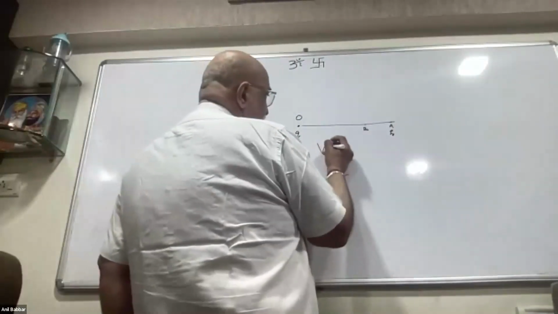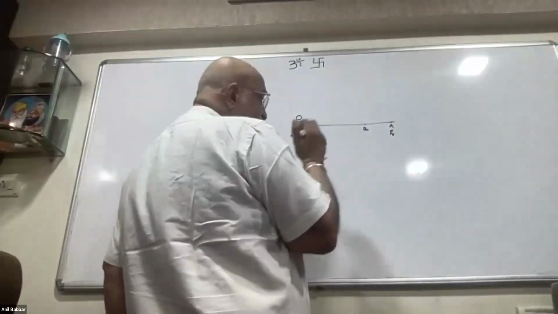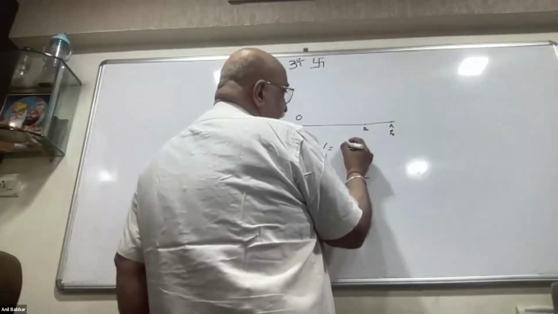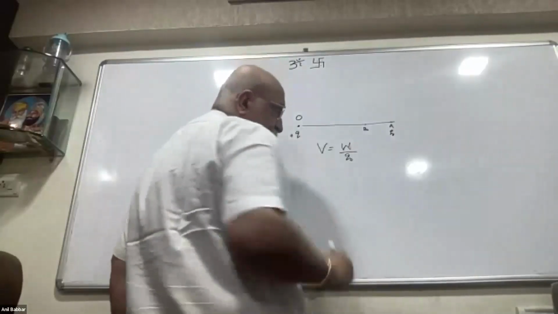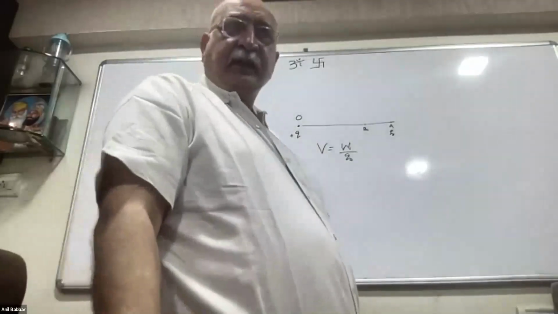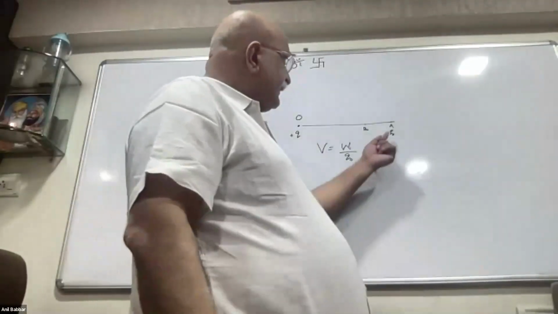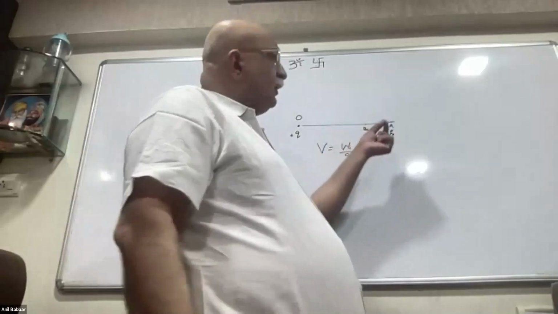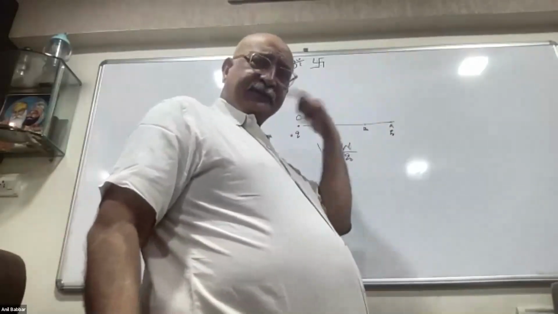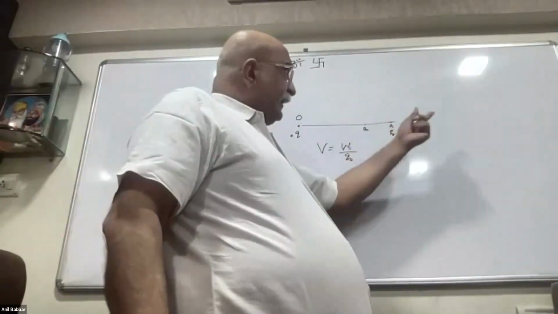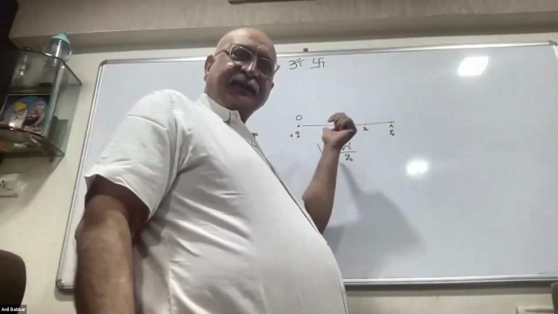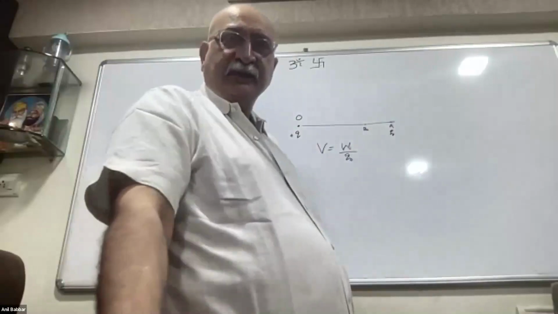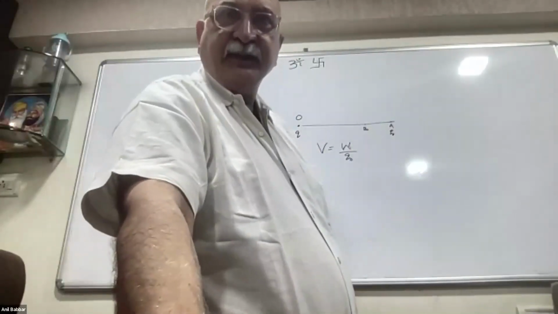Potential is denoted by V. V is equal to work done W upon test charge Q naught. This is the amount of work done in moving the test charge from infinity, or from any given point beyond that, towards the source charge Q in the electric field of Q. That is called the potential.